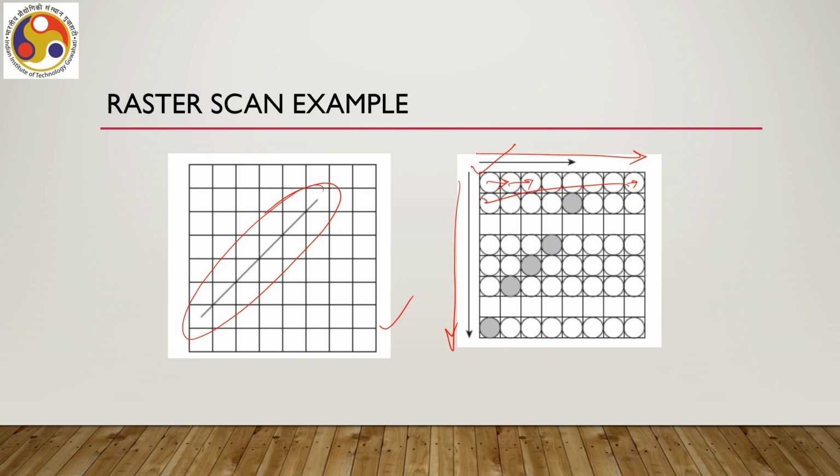Then we will come back to the first pixel in the next row, proceed in that way to the last one, and so on till we reach the bottom right pixel. So, this is the left to right, top to bottom scanning sequence.